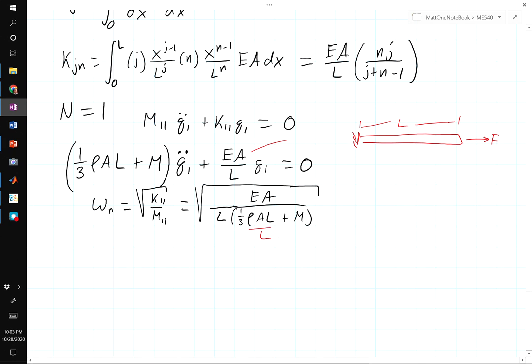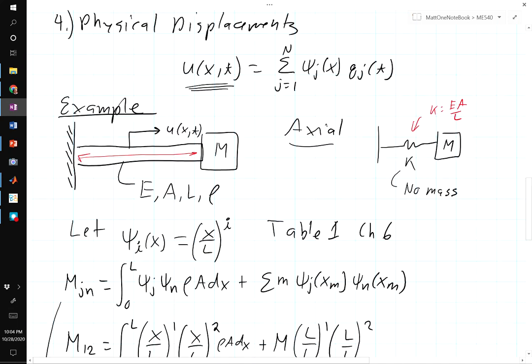AL is the volume, or that's the mass of the rod. So the Ritz series is telling us take 1/3 of it, because the basis function is basically allowing it to say, when this mass moves, if we have a continuous system here, this part is going to move just as much as the mass, this part will move less, this part doesn't move at all.